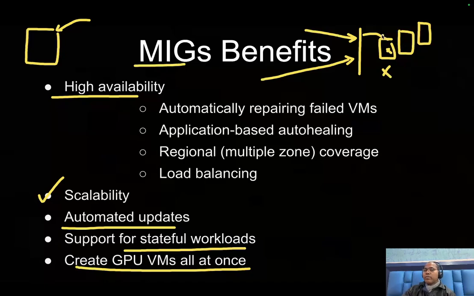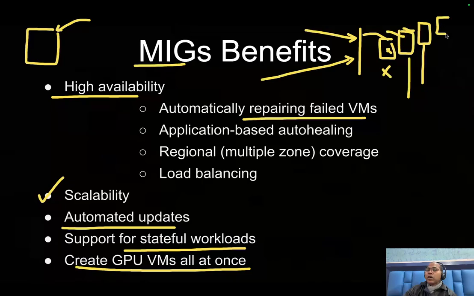They can provide different servers, and this availability can automatically repair the failed node. Managed instance groups monitor each of the servers running for your application. If any server fails or has some problem, they automatically repair, start, or restart them. And there is even application-based auto healing.